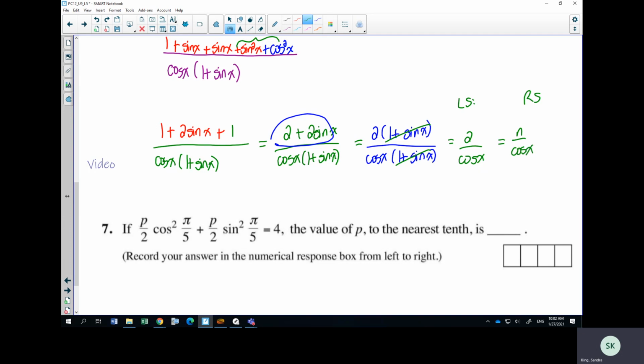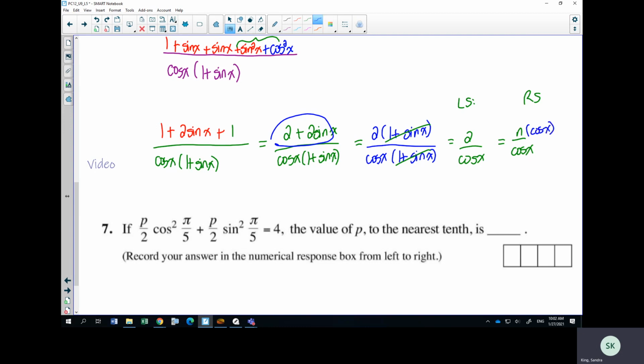Okay, so from here, we need to solve for n. So let's just cross multiply and then isolate n. Another thing you could do is cross multiply: 2 times the cos of x would be 2 cos of x is equal to n cos of x. Or you could just say, okay, n is being divided by cos of x. What's the opposite of dividing by cos of x?